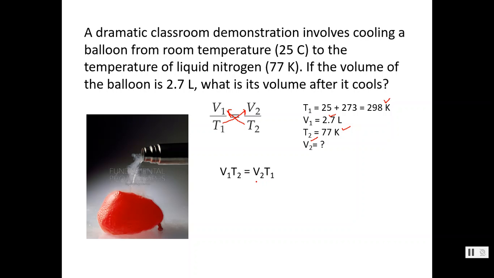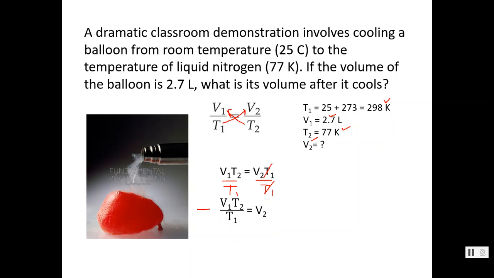Then I need to get V2 by itself, so I'm going to divide both sides by T1. And doing that, my T1 cancels, and I get my V2 equaling V1 times T2 divided by T1, which is more neatly written down here.